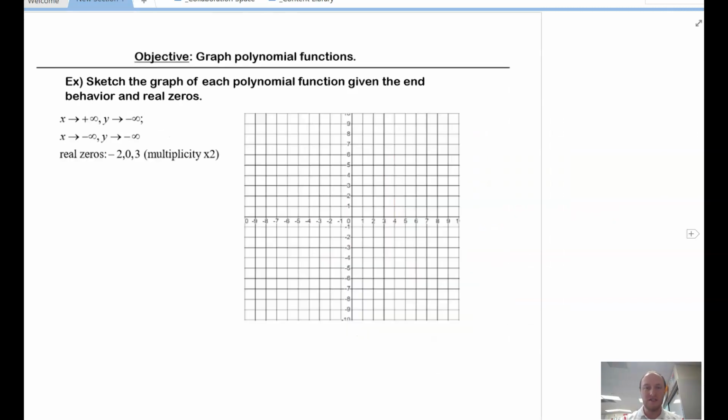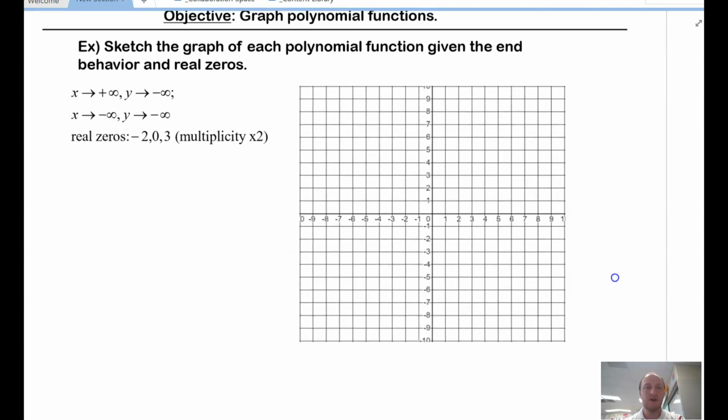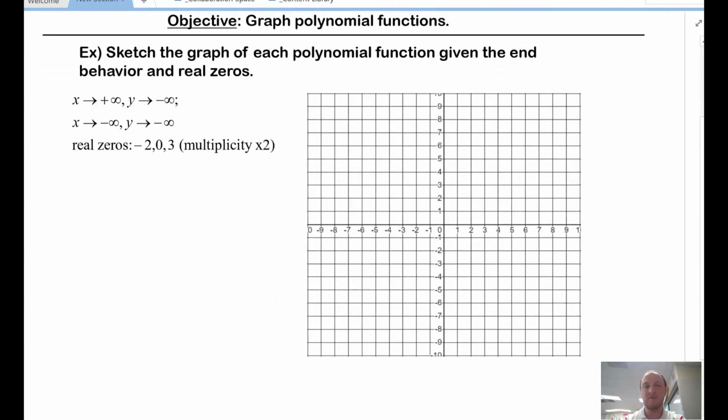However, this example does. We're told that we have real zeros at -2, 0, and 3. And I'm going to put a different color here. I'll put blue here because I want you to pay attention to this point and what happens here. So next, I'll go to the end behavior.